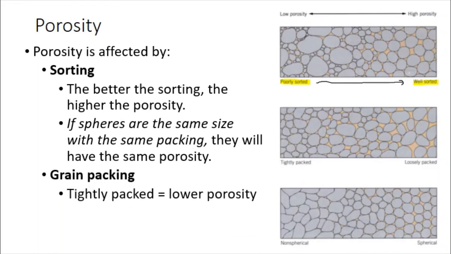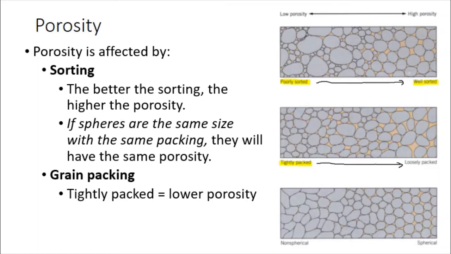So if you have more tightly packed grains, you're going to have lower porosity. So hopefully that makes sense in your head. As you pack things tighter and tighter together, then you're going to have less pore space because there's just going to be less space between those particles because you packed them together more closely, right?